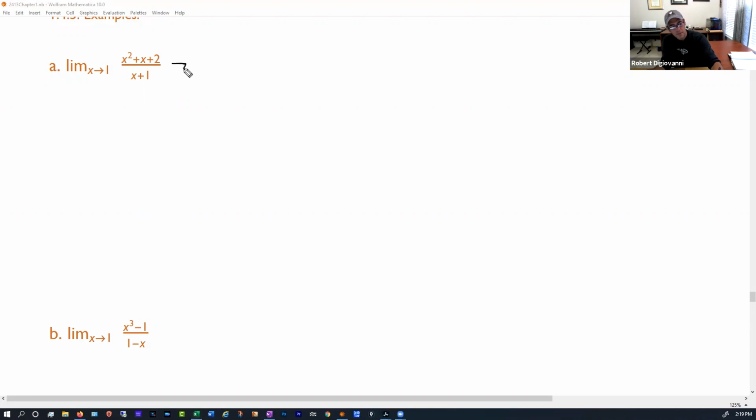Just plug 1 in for x, and you'd get 1 squared plus 1 plus 2 over 1 plus 1. That's not going to be a problem, right? There's no division by 0 or anything. I think on top you get 4 and on the bottom you get 2. So the answer is 2. So the limit of that is 2. Direct substitution.